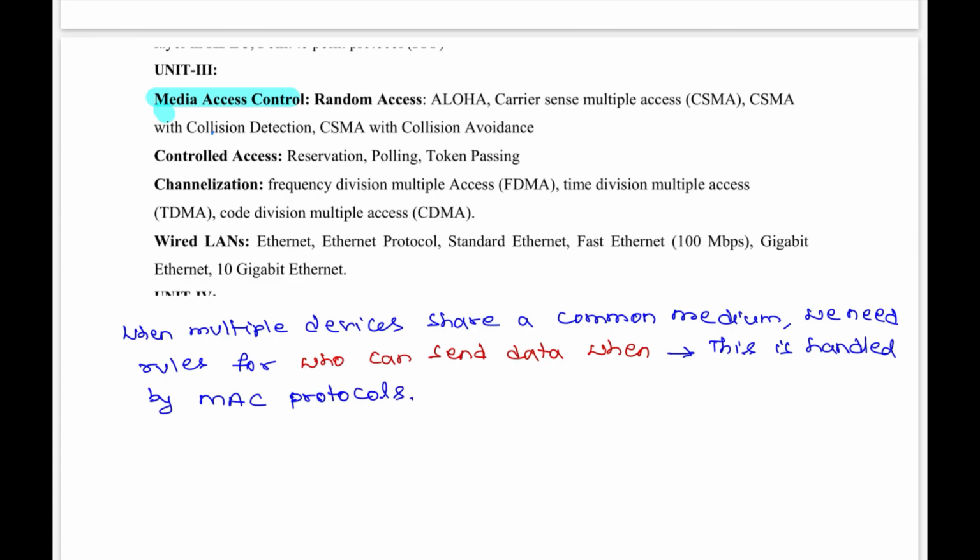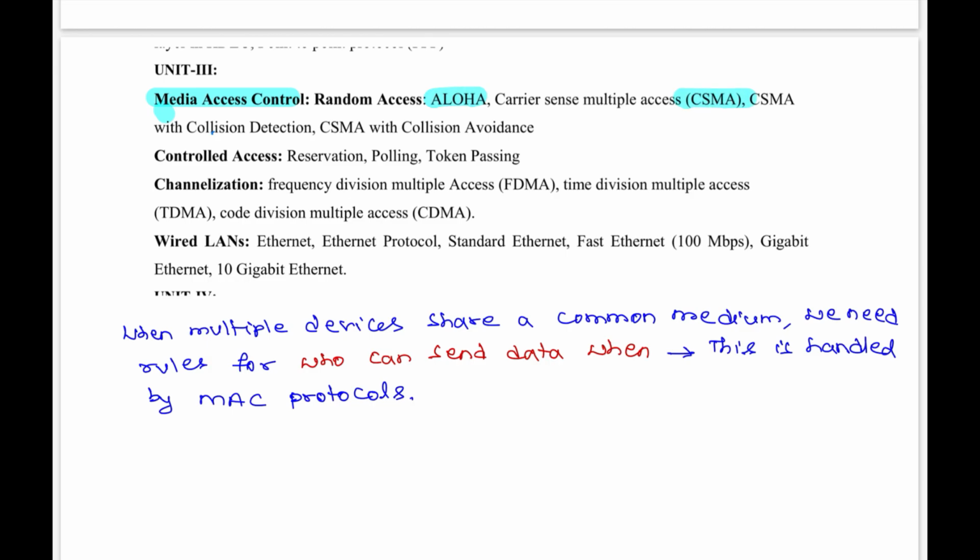Okay, the random access protocols, in the sense we're going to study. The first one is the ALOHA. ALOHA is simple, pure, or a slotted version where the devices transmit randomly. And the next one is the CSMA.